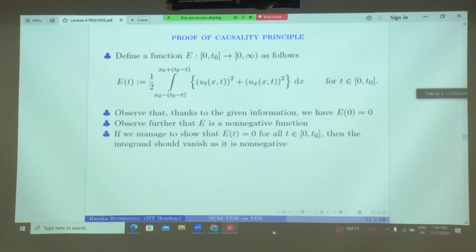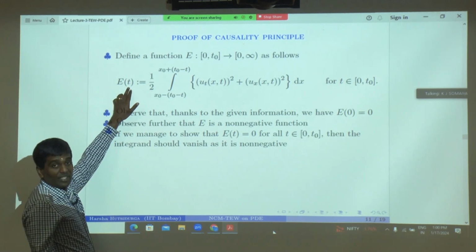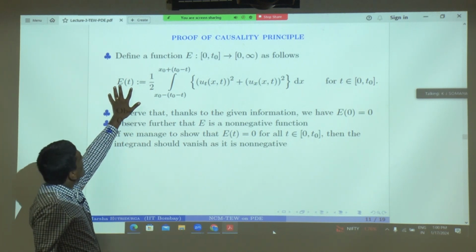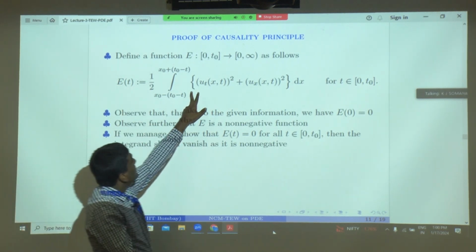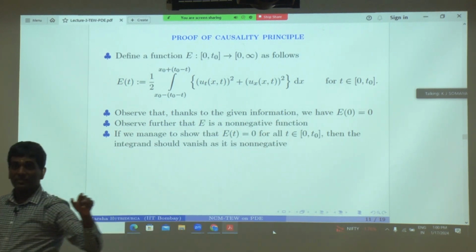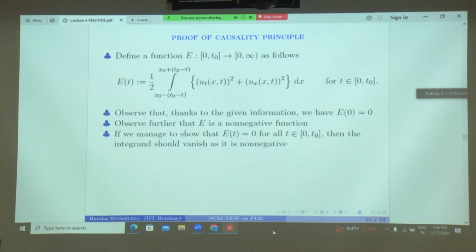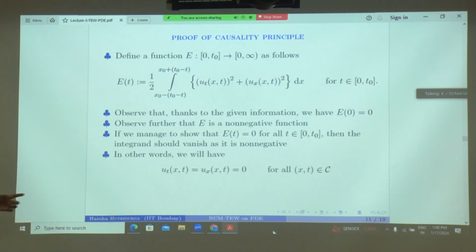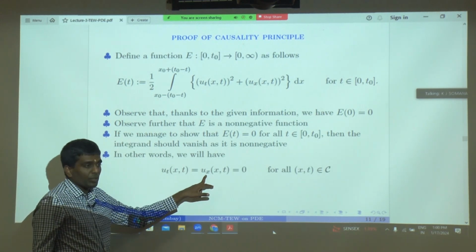So if we manage to show that this non-negative function is actually identically 0, that will do the job. Let me explain. If we show that this function that we have defined is actually a 0 function from 0 to t naught, that means this integrand should be 0 from 0 to t naught. And if that integrand is 0, u_t equals 0, u_x equals 0.